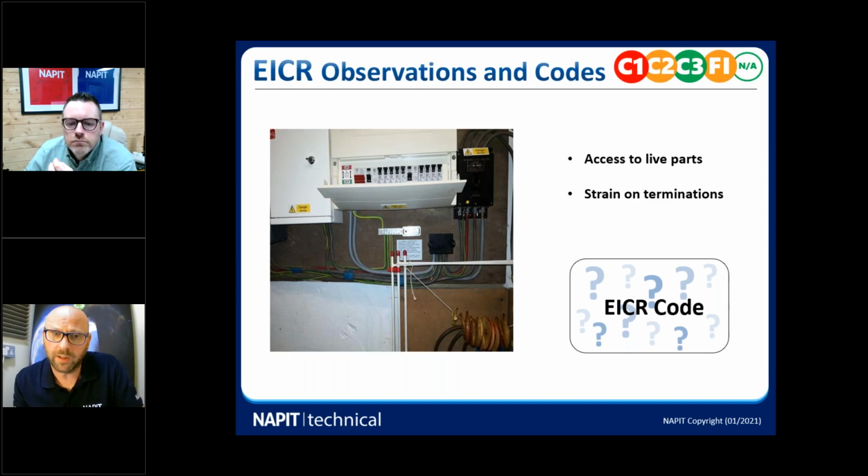They must be supported and not liable to any sort of damage. There was a note added to say that that also included consumer unit meter tails, because quite often you'd see meter tails flapping around and it's really not satisfactory. But in this case, we're going to code the fact that there is access to live terminals.